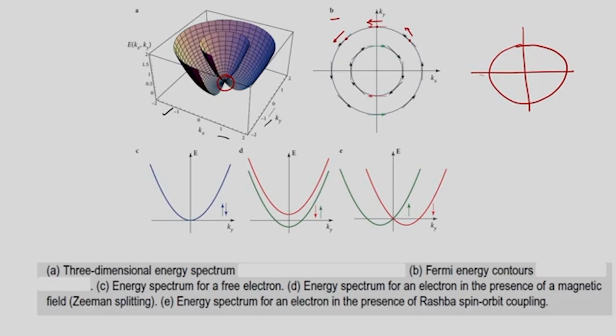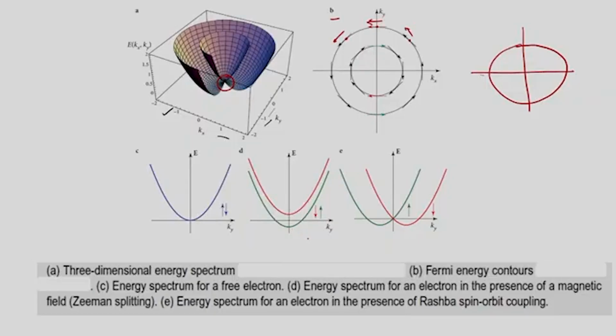One type of spin gets raised with respect to the Fermi level, so it is a plus-minus mu B kind of effect. This down spin gets raised and the green one, the up spin, falls below the Fermi level, and that is a Zeeman field.